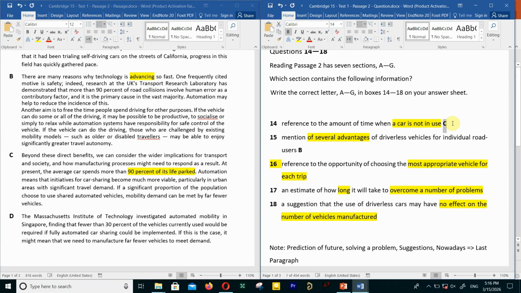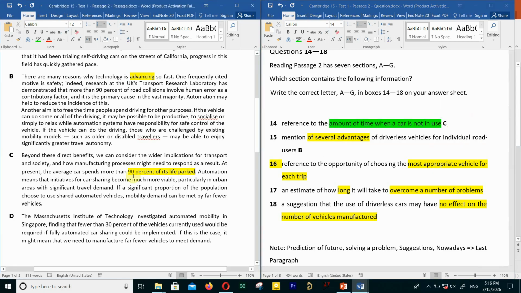So, it's going to take some time for you. But please use your time wisely. At the beginning, you had to concentrate on these keywords. These keywords really help you a lot to find the answer.